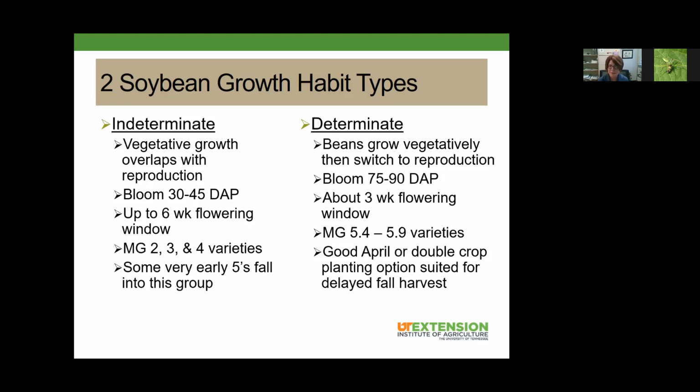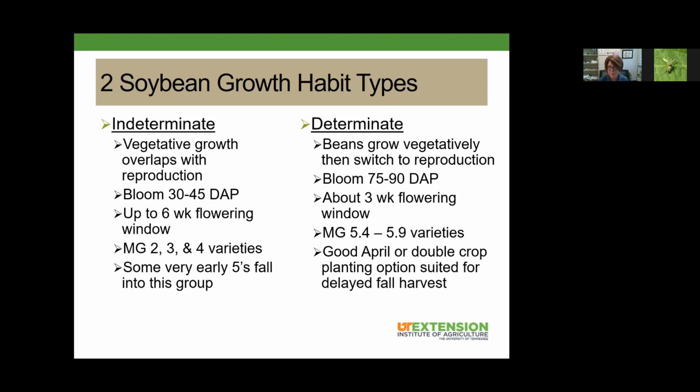A determinate bean will come out of the ground and get all of the vegetative growth, basically produce all the leaves on that main stem. Then day length triggers reproduction, and it will switch to flowering and then pods and seeds. It blooms several weeks after planting because when it shifts to reproduction, it's a full-grown plant. They also tend to have a narrower flowering window, so they're flowering late with a narrower window.